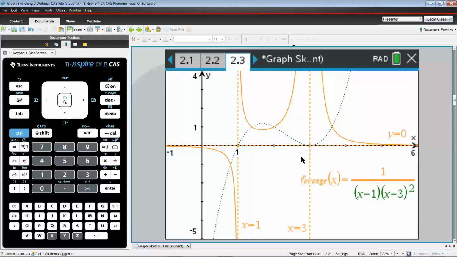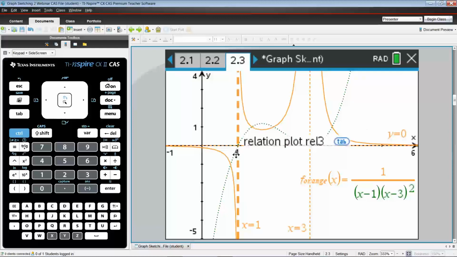Now, what I do want to make a very important point about is the way the reciprocal graph behaves and approaches the asymptote depending on the way the x-intercepts look. If you look at x equals 1, this is an x-intercept where it goes from negative y values up to positive y values. And that's why on the reciprocal graph, the same thing is happening as well.